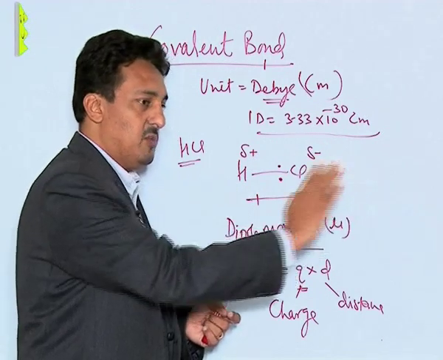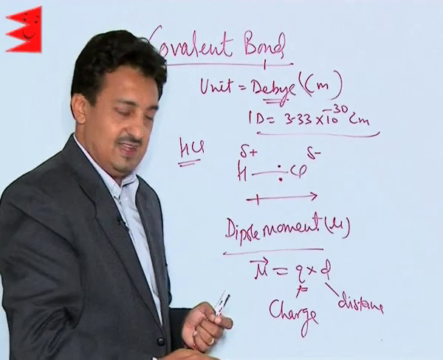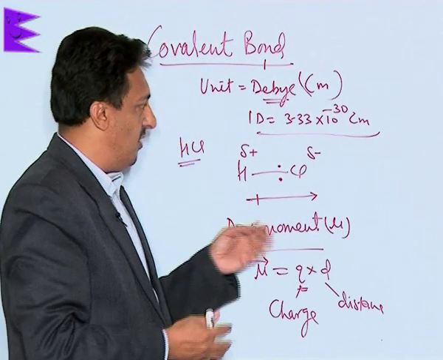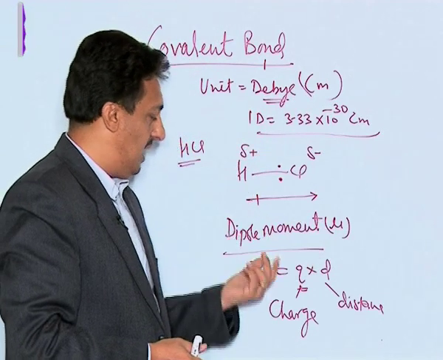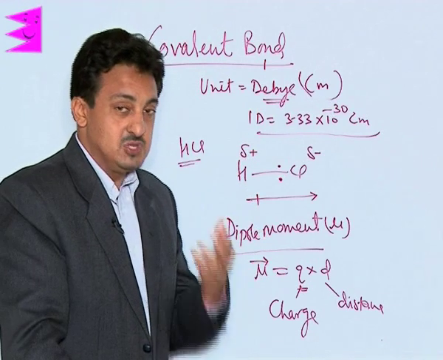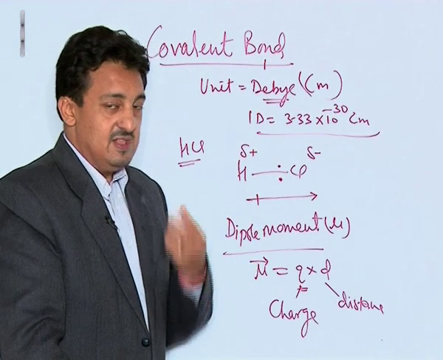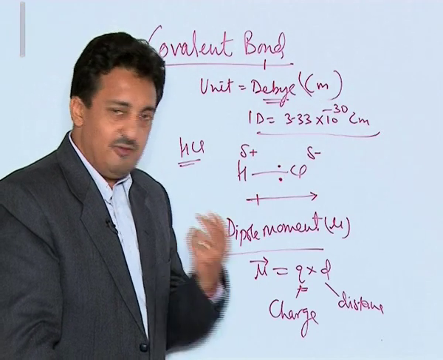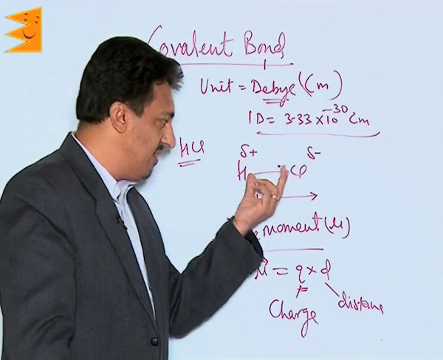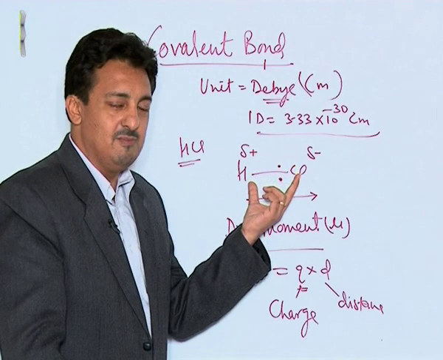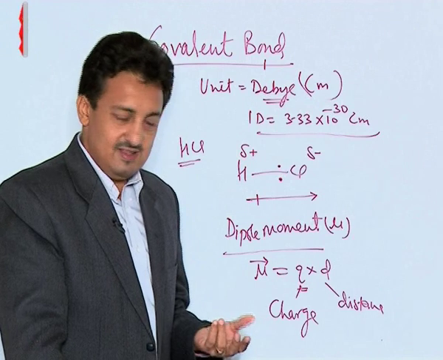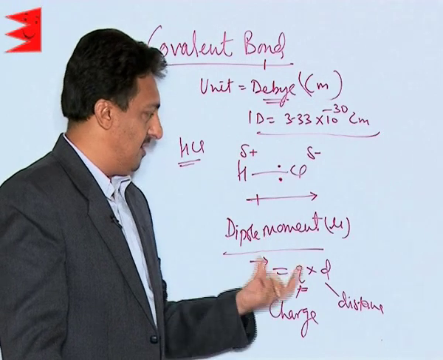The more they move towards one atom, the more is the ionic character. Higher the polarity, higher the ionic character. So the Debye, or this dipole moment, is used to find out the percentage ionic character in the bond. Definitely we can imagine, the more the difference of electronegativity between the bonded atoms, the higher will be the polarity, and the higher will be the ionic character. This is the basic thing about this.